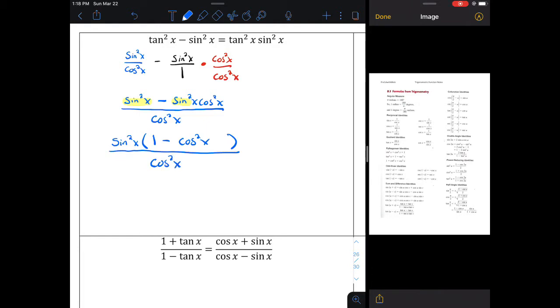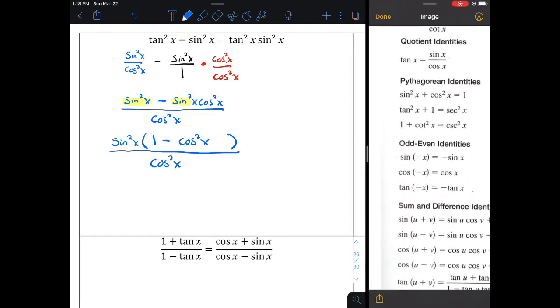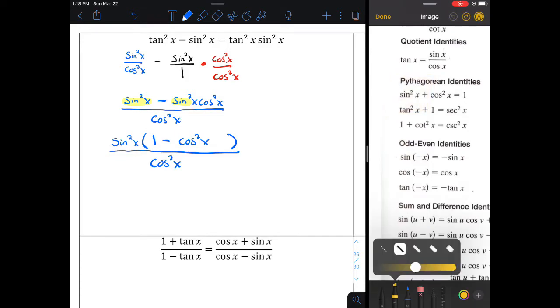Now, if I refer to my trig identities, 1 minus cosine squared is a Pythagorean identity, and I'll highlight that right here on the right-hand side. Let me make that highlighter a little smaller. All right, so sine squared plus cosine squared is 1.